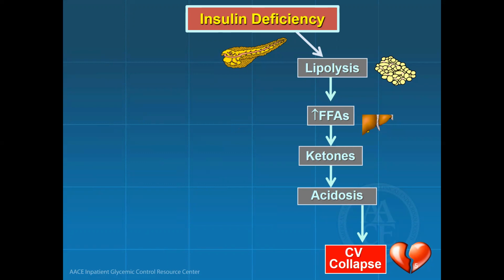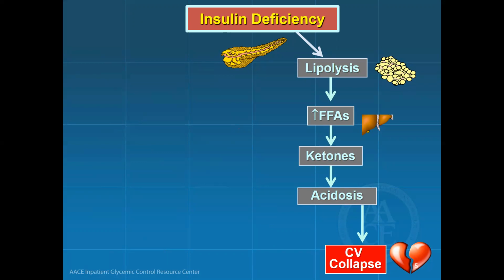So the body is still unable to use glucose for energy, due to the lack of insulin to pull it into the cells, so the body thinks it's starving and senses, hey, we need more glucose. So the body begins to break down fat into free fatty acids. The free fatty acids are then broken down into ketone bodies by the liver.